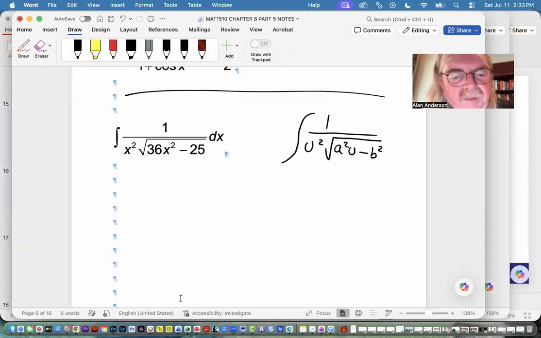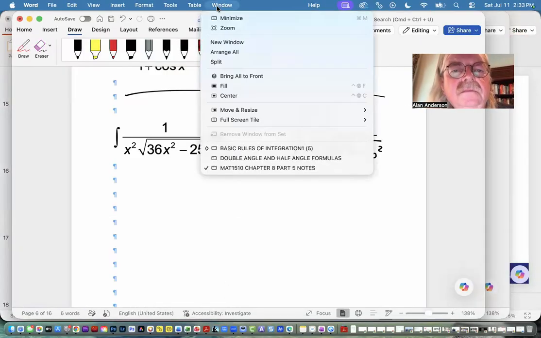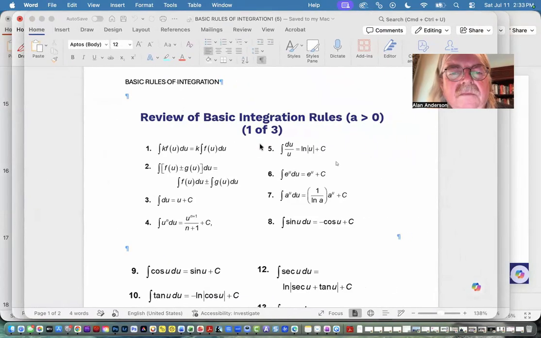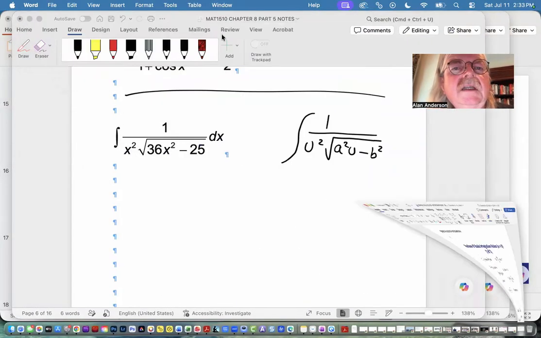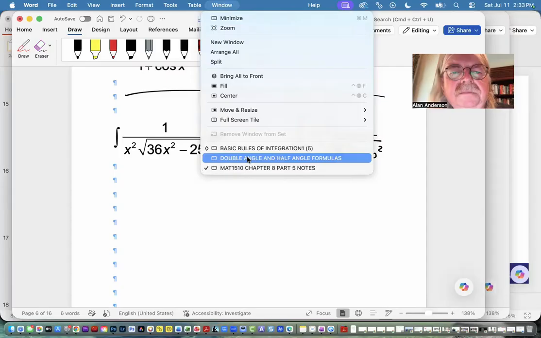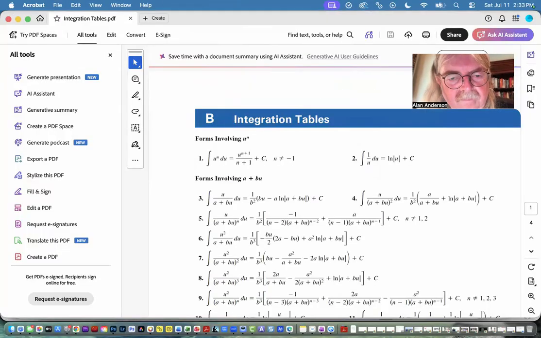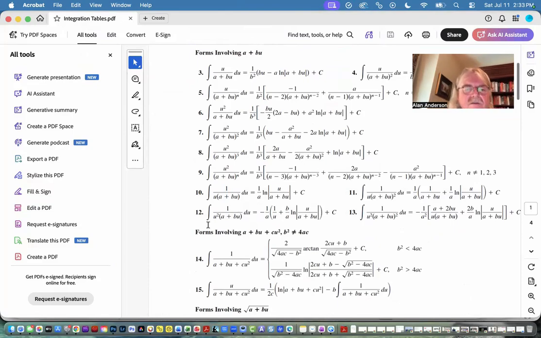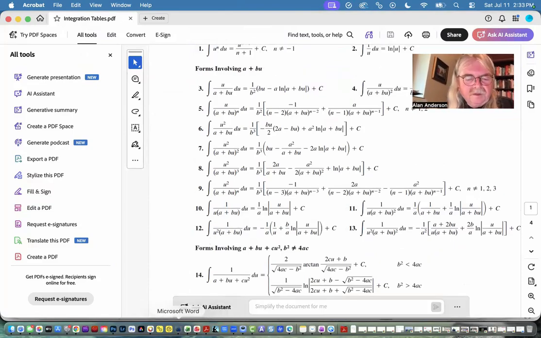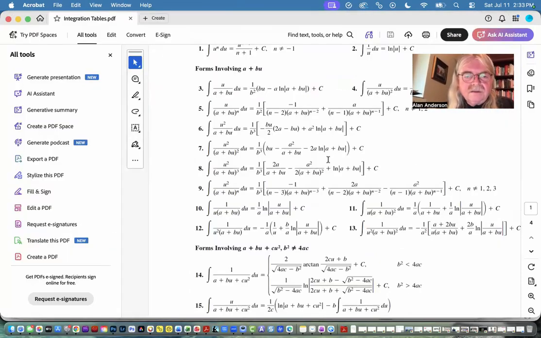Let's see what we can come up with. Oh, not this one. Oh, here it is. Okay. So, the one we were hoping to find looks something like this.